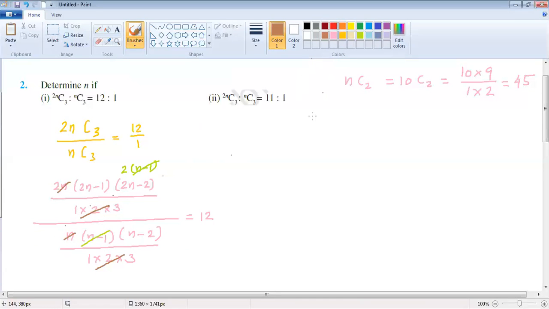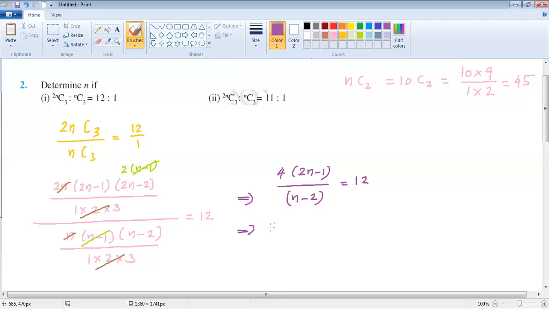So remaining आपको मिलेगा, that implies आपको ऐसे मिलेगा 2 into 2, 4 into 2n minus 1 divided by n minus 2, which is equal to 12. 2 into 2, 4, 4 into 2n minus 1 divided by n minus 2 is equal to 12.